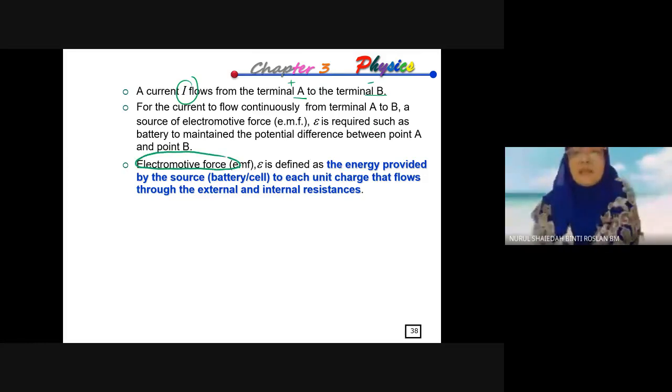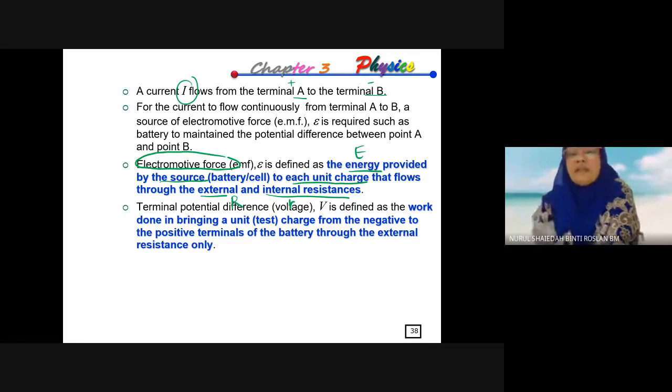Dia adalah energy provided by the source, battery or cell, to each unit charge that flows through external and internal resistor. So dia adalah energy yang datang daripada battery yang akan menggerakkan each unit charge that flows through external and internal resistor.